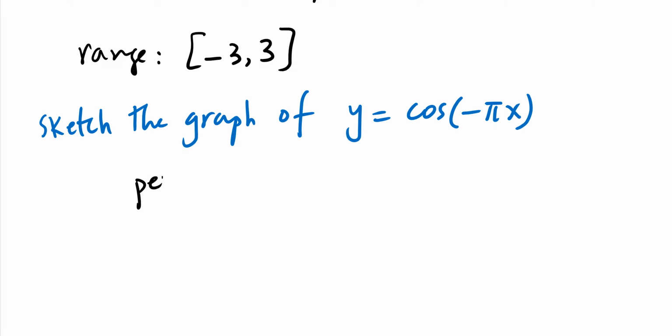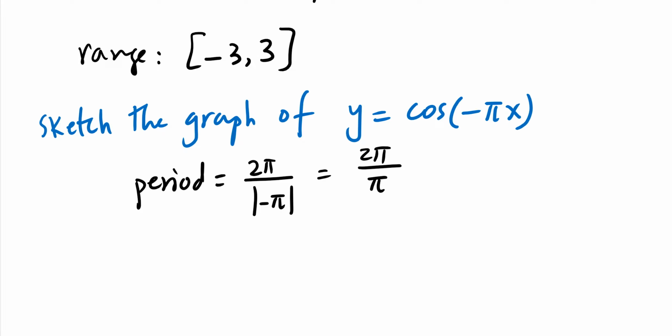What's the period? It's 2 pi over the absolute value of -pi. That gives us 2 pi over pi, which is 2. That's the period. Notice there's no pi in the period. That's the difference between this and all the other graphs that we sketched today.